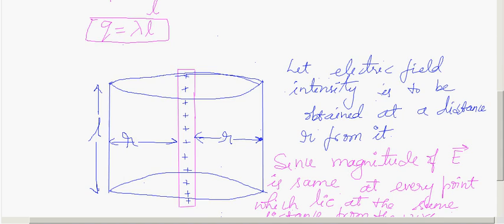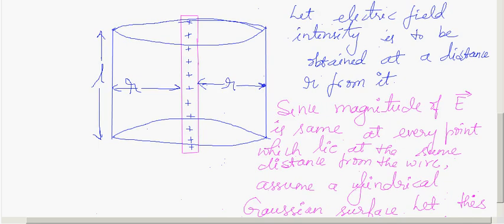Now, while applying Gauss law we consider a small area. So let us say we are considering a small area here. Let this area be ds1. In this the electric field is radial outward, so this is the field direction, and ds1 will be in this direction.